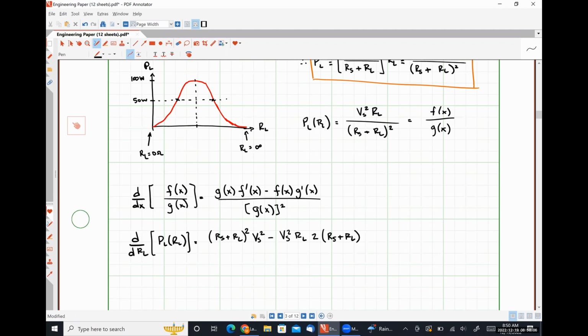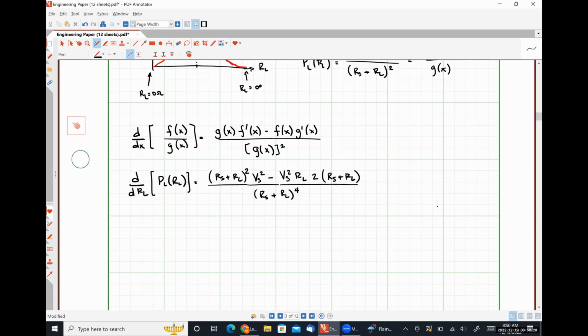And then the derivative of the inside is just 1, right? Yeah. And then this is going to be over RS plus RL to the 4th power.